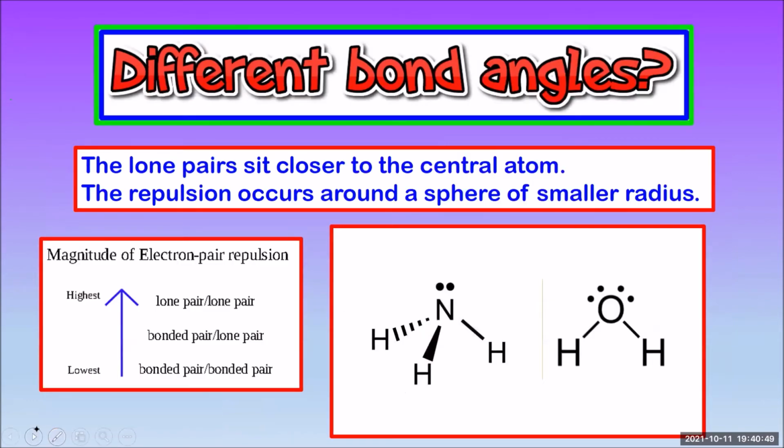Let's talk about why those bond angles are getting smaller and smaller. Well, a non-bonded electron pair sits in closer to the central atom's nucleus than a bonded pair because there's no other atom's nucleus pulling it in the other direction. So it repels around a sphere of smaller radius.